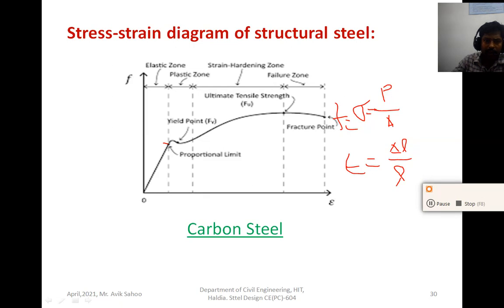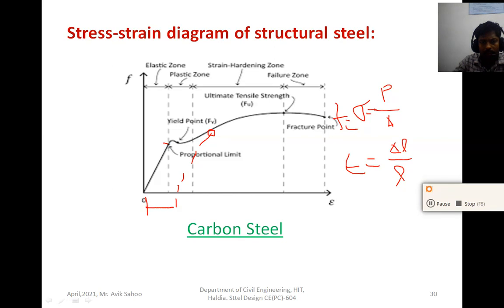You see that after reaching the yield point, when we increase the load, large deformation takes place, I mean large strain occurs. If I release the load at this point, we will get a permanent deformation which is not recoverable.